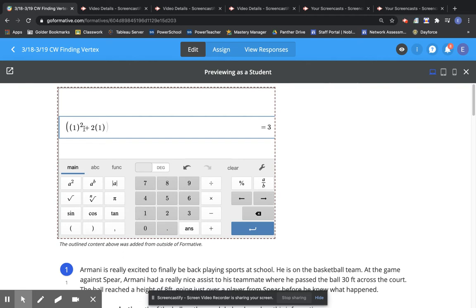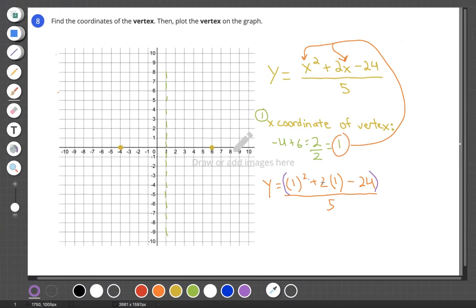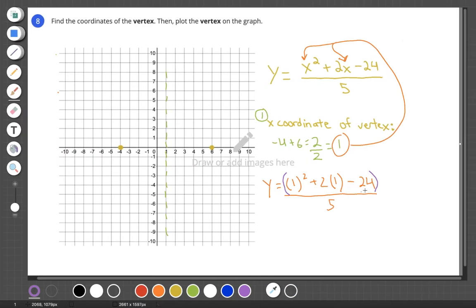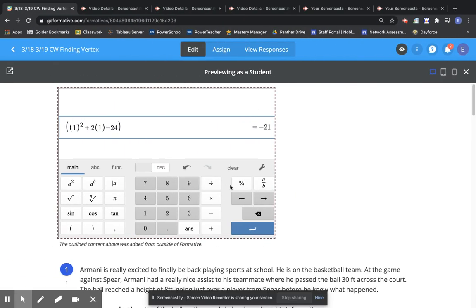Always just make sure it's looking right. Yep, that looks good so far. Minus 24. Oh, I added an extra one. That's okay. Minus 24. Then you're going to close your parentheses so you have that whole thing in its own parentheses. Okay, finally, you're going to then divide by 5. And look, your calculator even makes it look correct. So then, perfect. It divides the whole thing by 5.